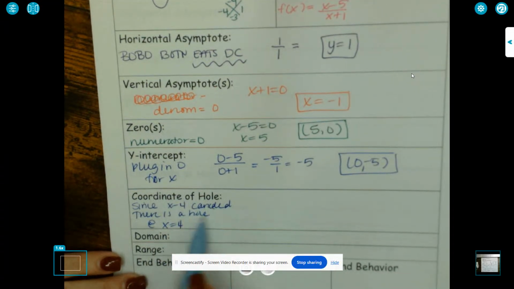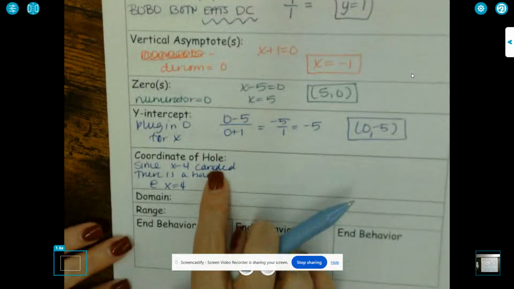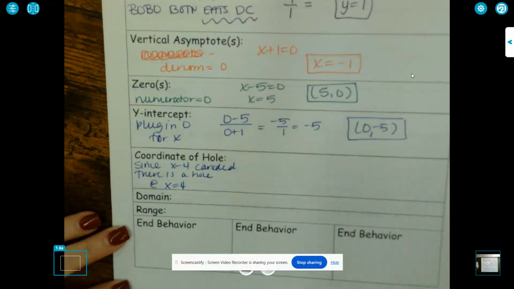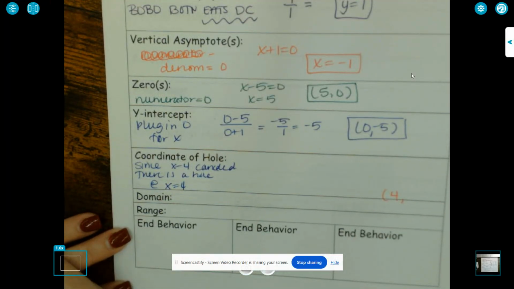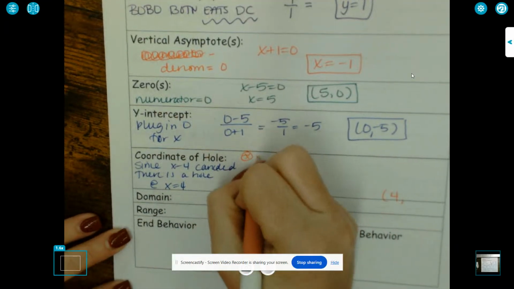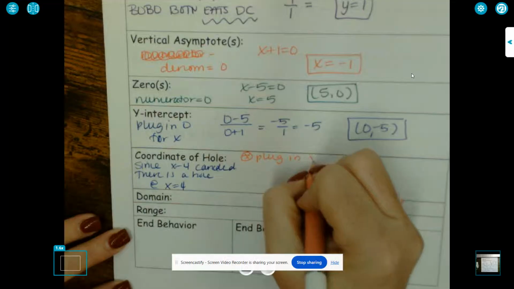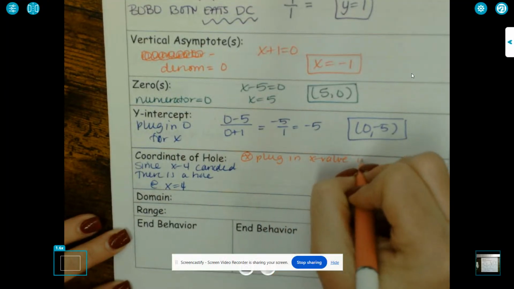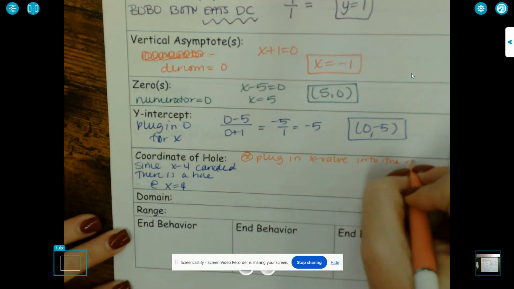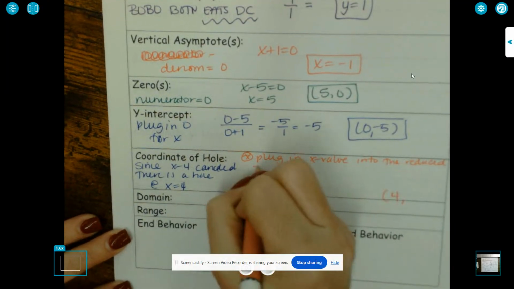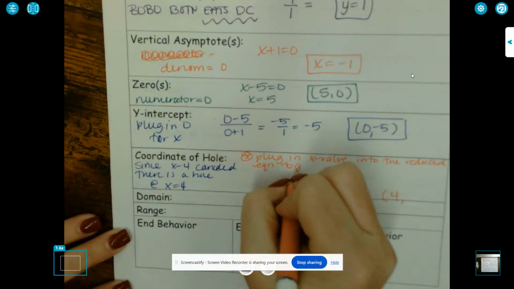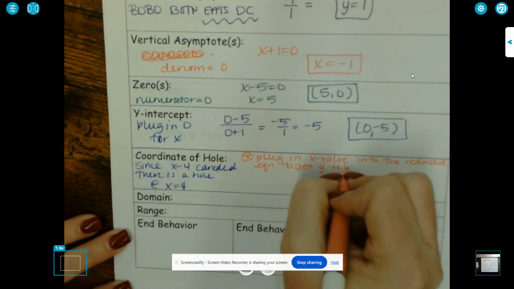For the coordinates of the hole, that is because of the cancellation up here. We already know our x value is 4, which came from the problem. Then we plug the x value into the reduced equation to get the y value.